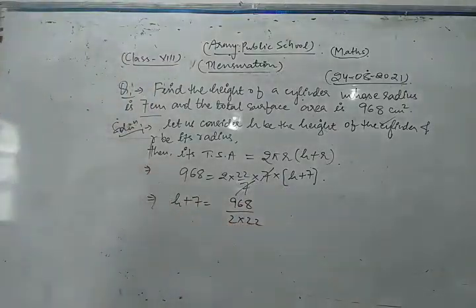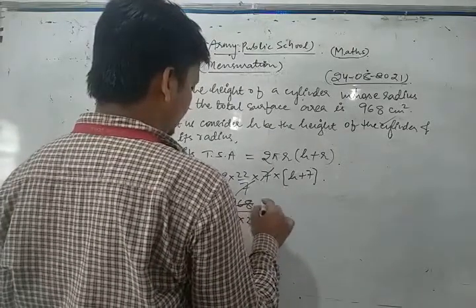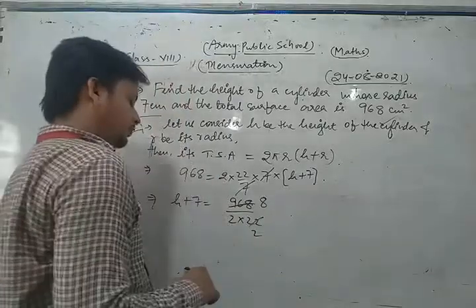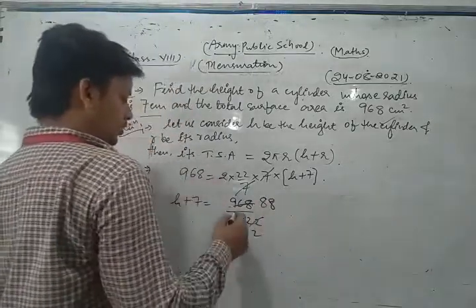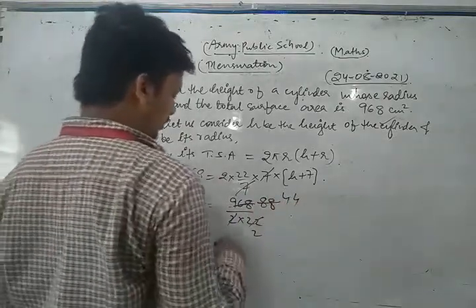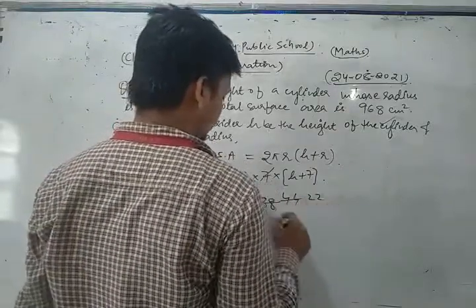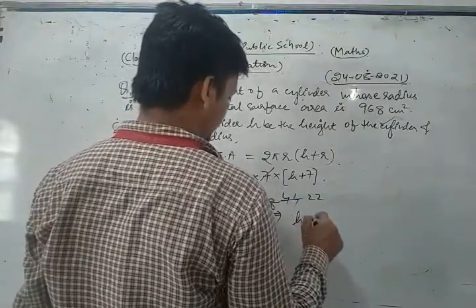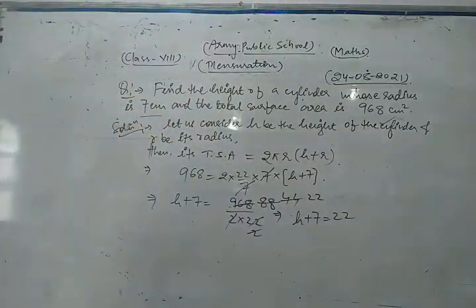Now 11 8s are 88, 2 4s are 8, so we get h plus 7 is equal to 22.